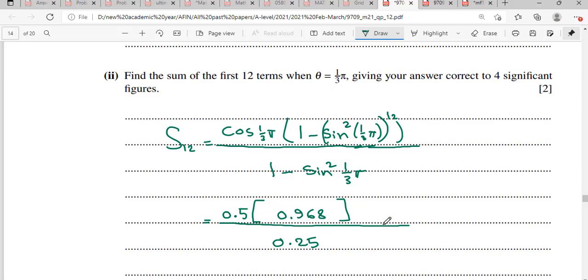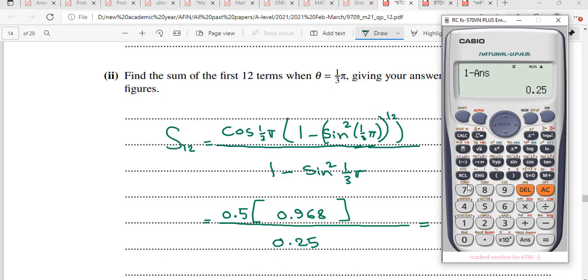Now let's enter this into the calculator and give our answer to 4 significant figures. Let's use fraction. 0.5 times 0.968 over 0.25. The answer is 1.936.